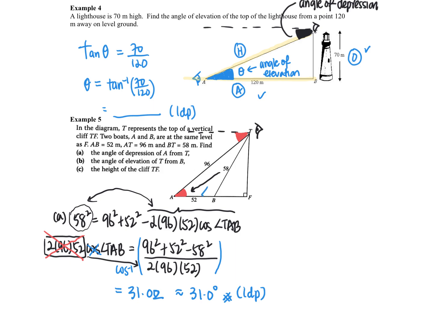If my eye level is here, with a horizontal line of sight, I look up, and they want me to find this angle of elevation. I want to find the angle. I know this is 58, but I need one more side.